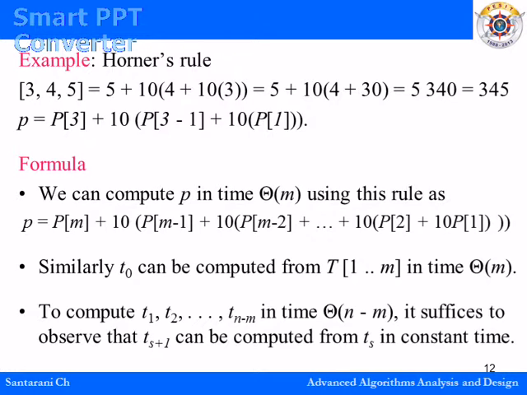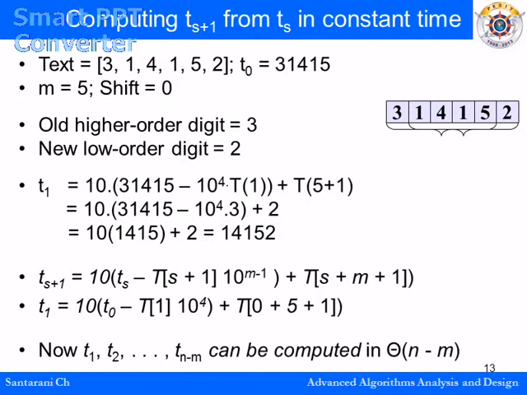To compute t_1, t_2, up to t_{n-m} in theta of n minus m, it is observed that t_{s+1} can be computed from t_s in constant time. Consider a text 314152, t_0 equal to 31415. Now we have to consider t_1, that is t_{s+1}. Here m equal to 5, and the highest order digit is 3 and the new lower order digit is 2.